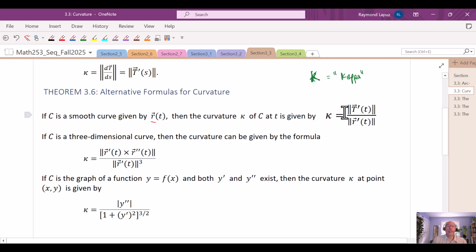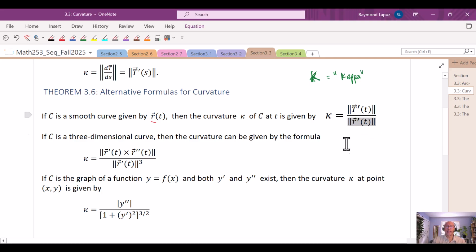So one way to express this derivative is it's the derivative of the unit tangent vector with respect to any parameterization t, but instead of the ds in the bottom, we have to compensate for the change in parameterization. So the ds in the bottom would be the magnitude of r prime of t.